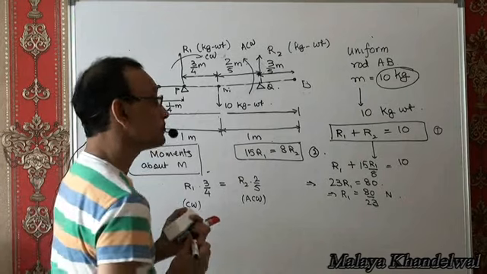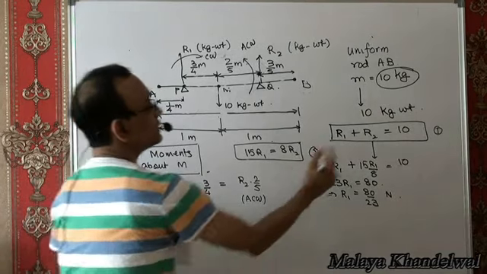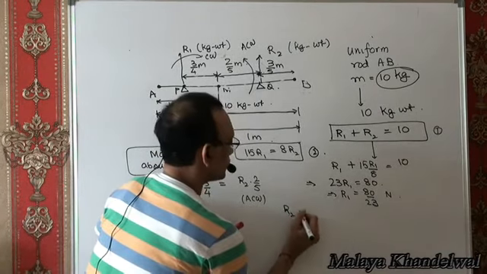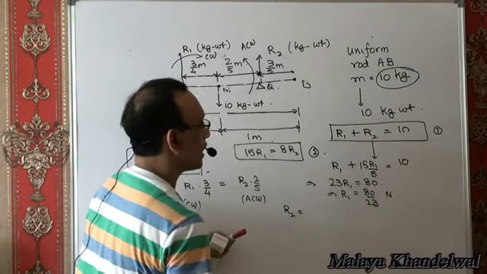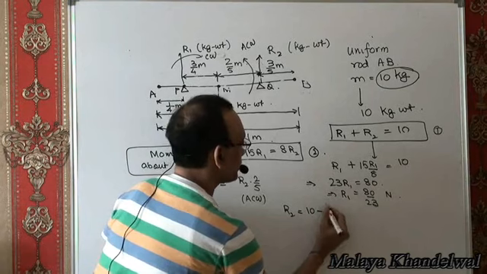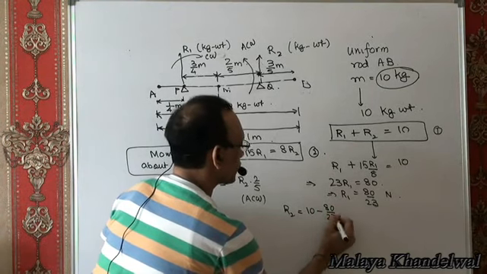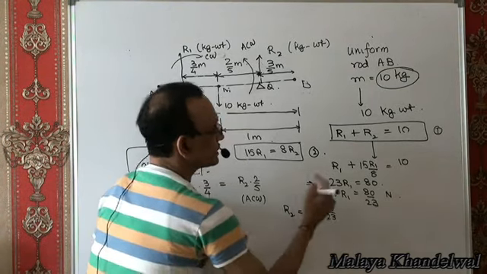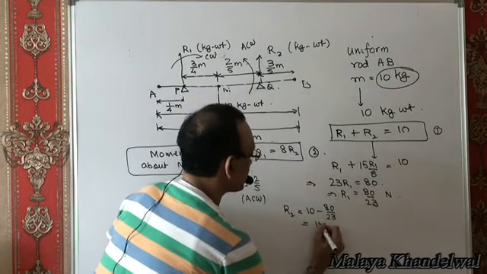That's R1, right? And if R1 is known, obviously R2 is 10 minus 80 by 23, so this is 230 minus 80, 150 by 23.